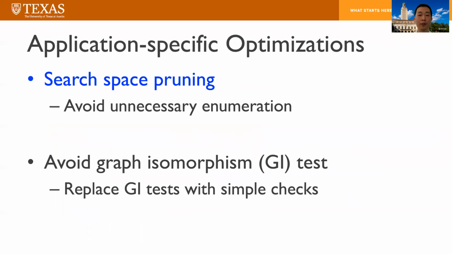To achieve high performance, the Pangolin programming interface exposes some details of the mining process, and therefore the user can apply search space pruning to avoid unnecessary enumeration and replace expensive graph isomorphism test with simple checking logic.